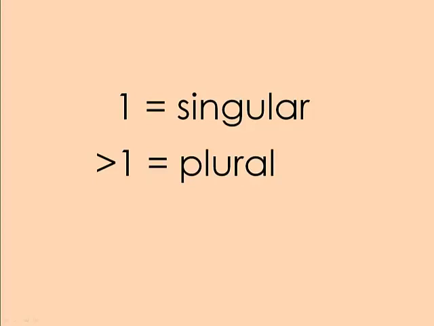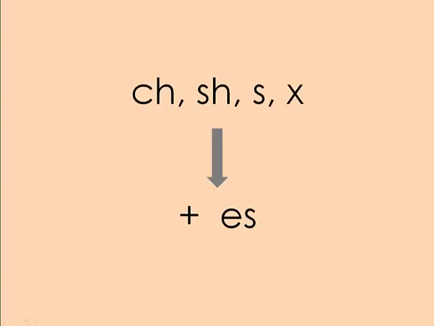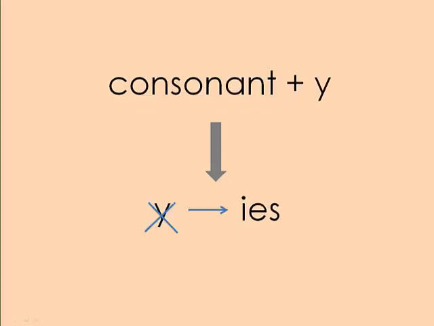For most nouns, to make the plural, we add S. If the end of a noun is CH, SH, S, or X, we add ES. If the end of a noun is a consonant and a Y, we change the Y to I and add ES.